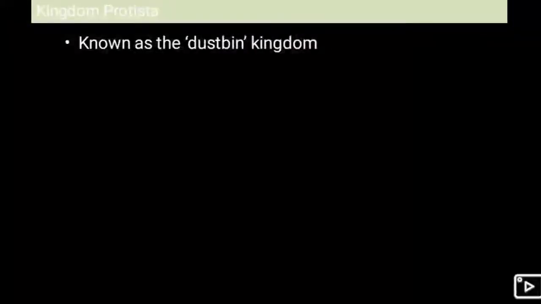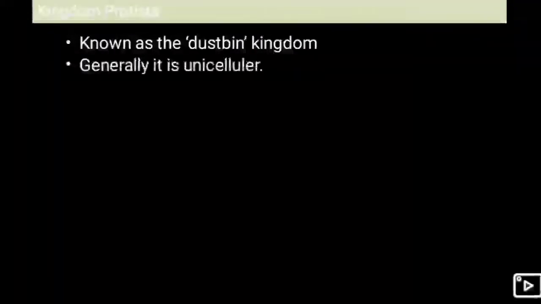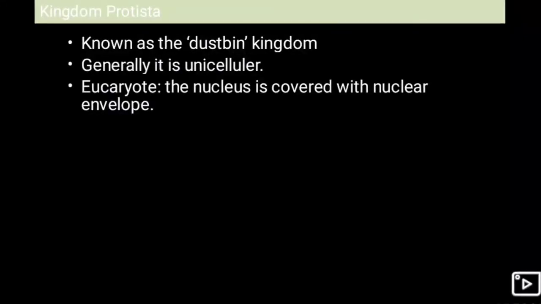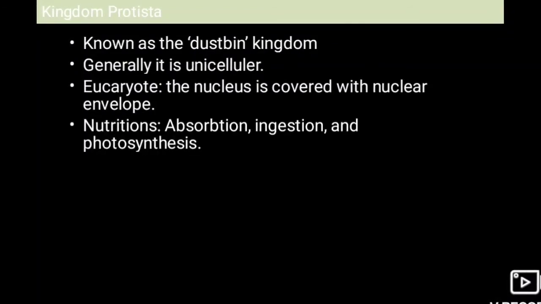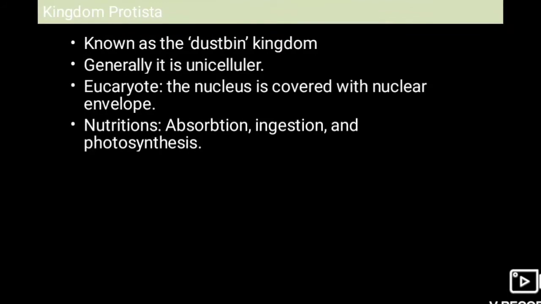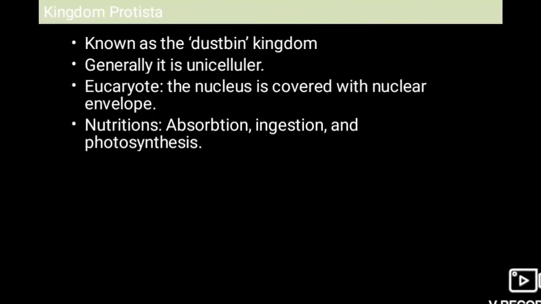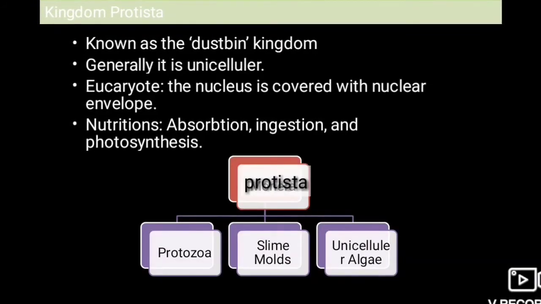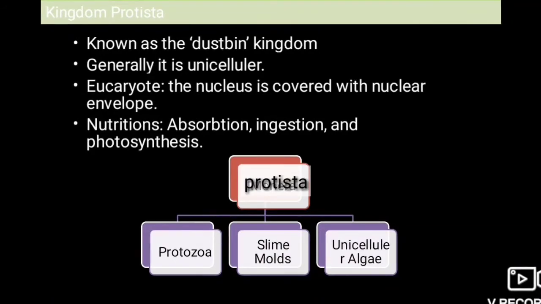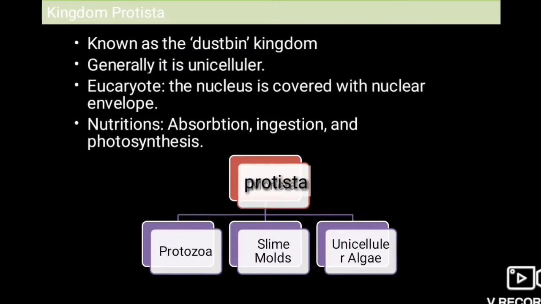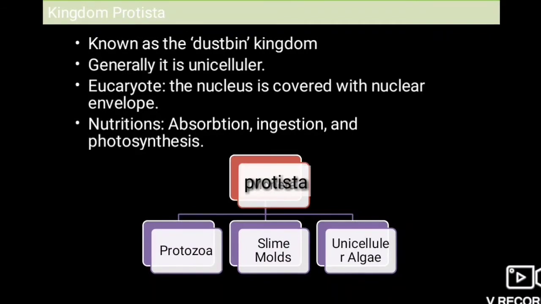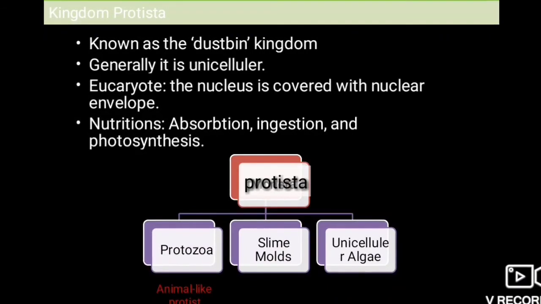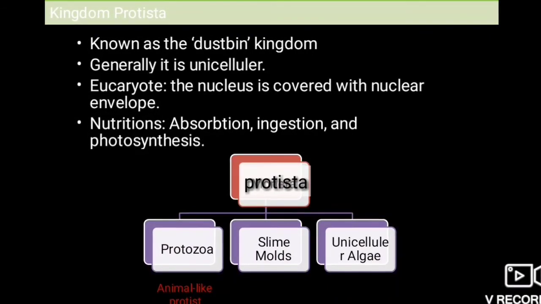The characteristics of Kingdom Protista: it is known as the dustbin kingdom. Generally, it is unicellular. Eukaryote, it means the nucleus is covered with a nuclear envelope. They get their nutrition by absorption, ingestion, and photosynthesis. The members of Kingdom Protista are Protozoa, slime molds, and unicellular algae. Protozoa is animal-like protist.